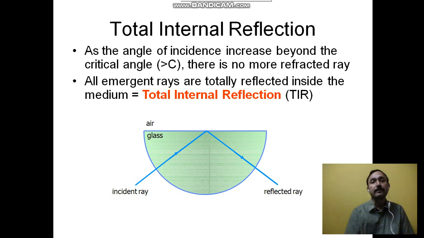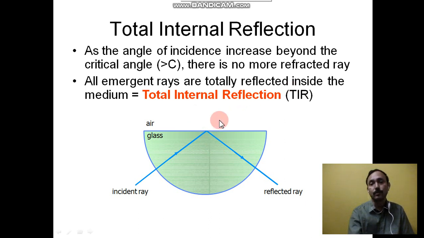As the angle of incidence increases beyond the critical angle, if we draw the normal, then this angle is the critical angle. Beyond it, when the angle of incidence is greater than C, there is no more refracted ray.